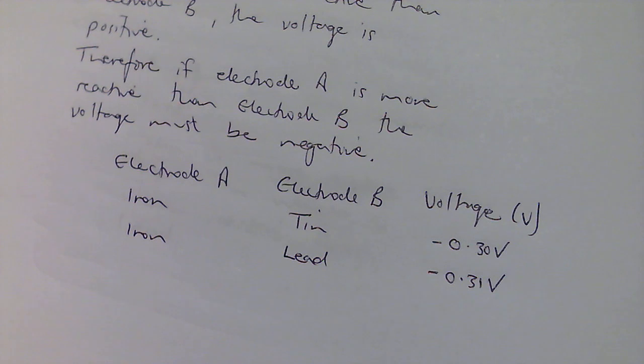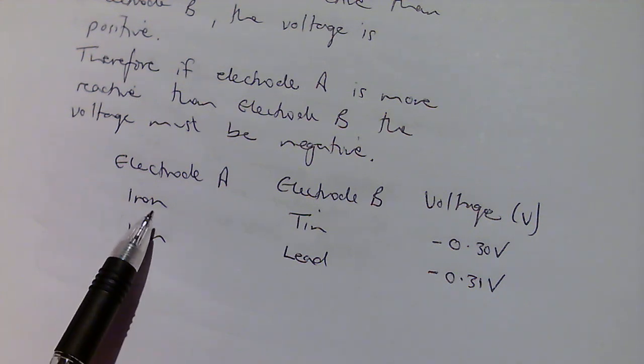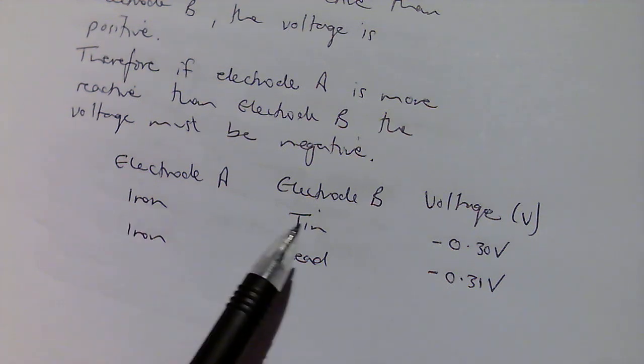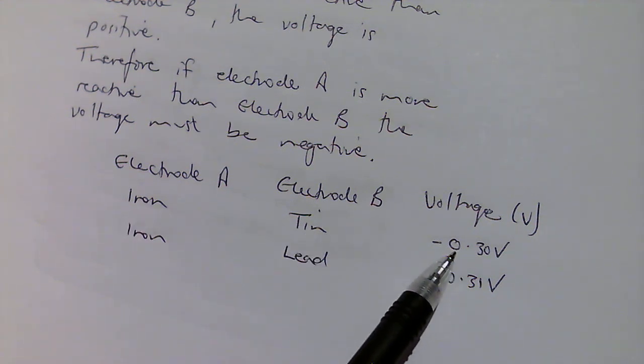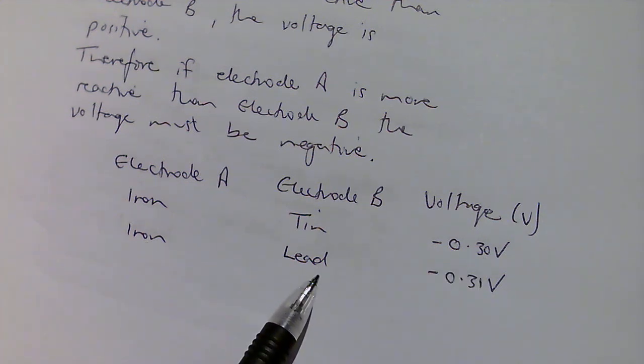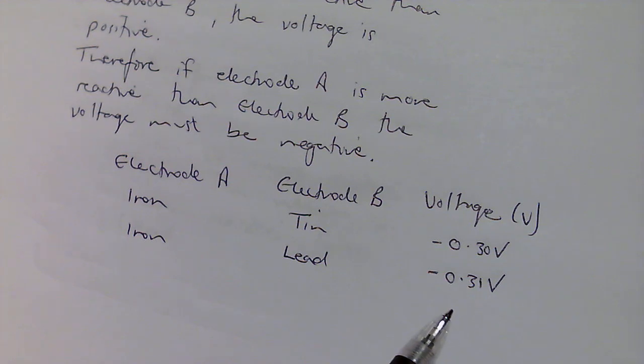Well, we have to look at the difference in the size of the voltage that's generated in each cell. When we've got iron and tin, the size of the voltage is 0.30. When we've got iron and lead, the size of the voltage was 0.31. 0.31 is a bigger difference than 0.30.